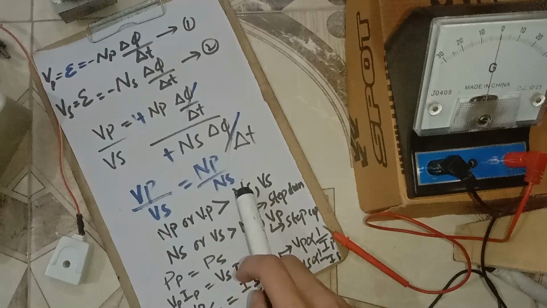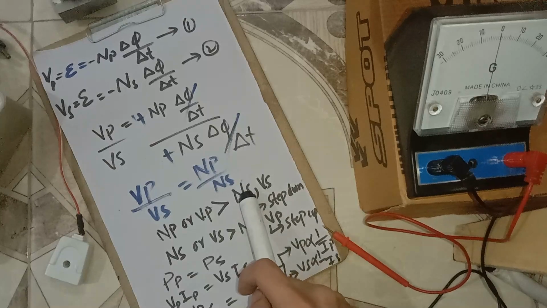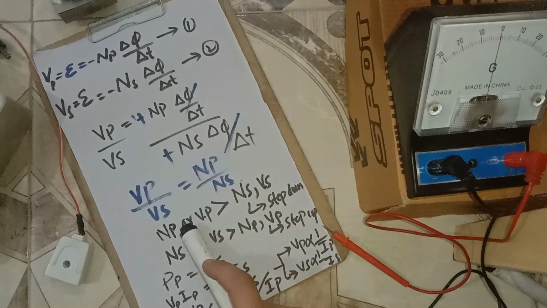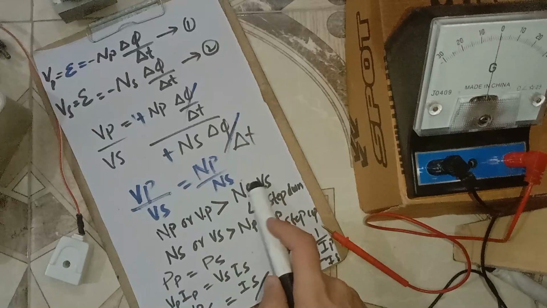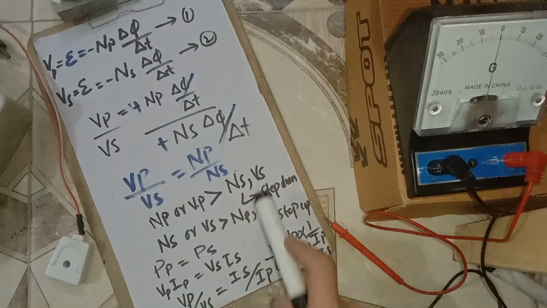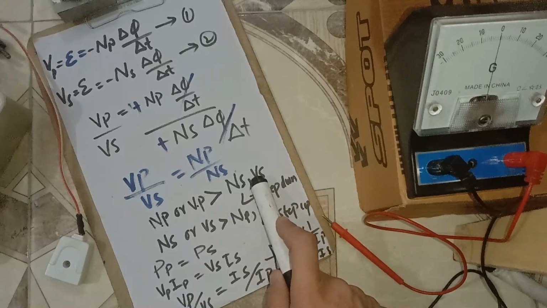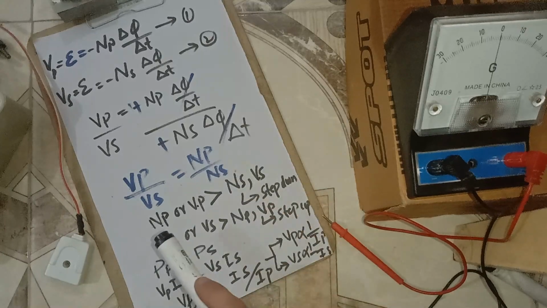This transformer increases the current from the low current to the higher current, because Vs is inversely proportional to Is. So if the step down transformer decreases the voltage, it will increase the current.